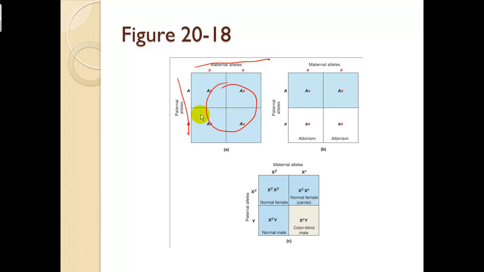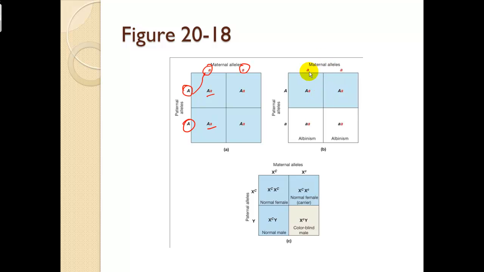So let's do these here really quick. Okay, so in this case, we have 2 recessive genes, and this is for albinism in your book. This is figure 20.18. And in this one here, we have 2 dominant genes. So how this is going to work is just simply AA, AA, AA, AA.